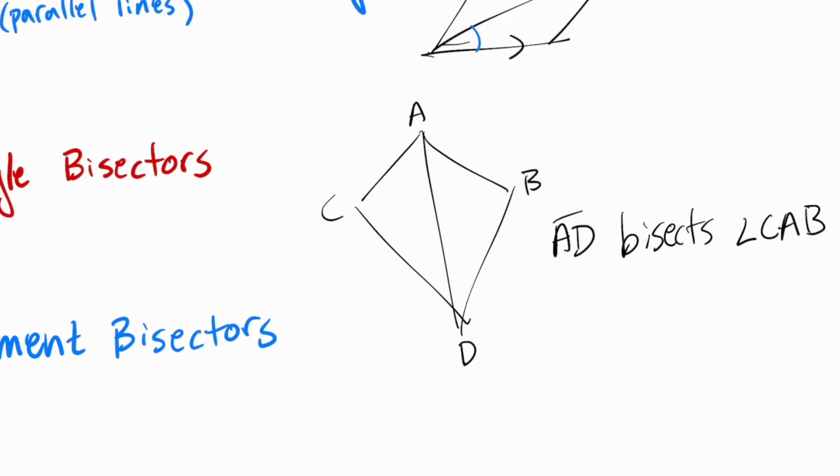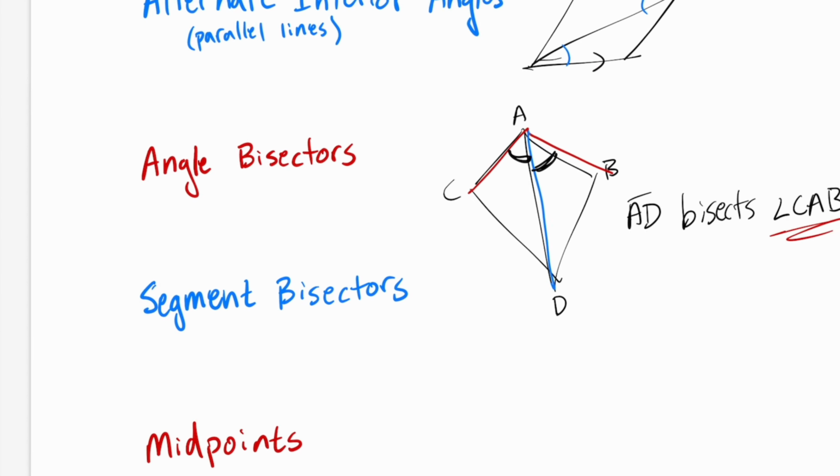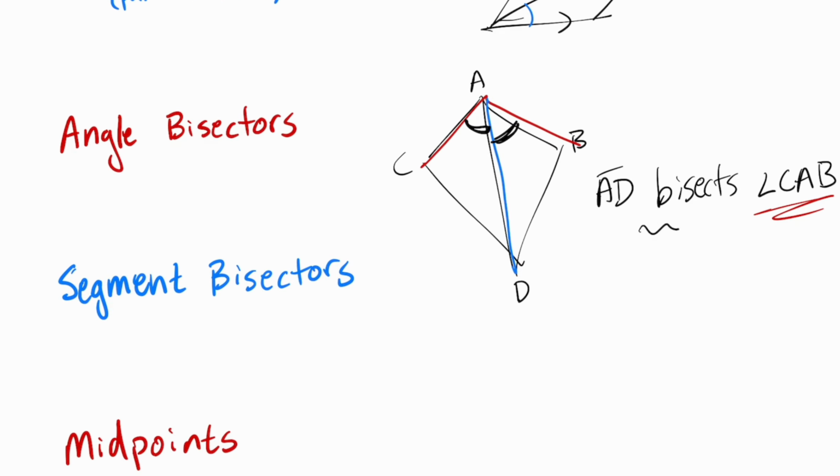So if I look at angle CAB right here, and I imagine that it's getting cut in half by AD, then that will mean that CAD, one half, is congruent to BAD, the other half. So look for angle bisectors. You have to explicitly be told, using that word bisects, that something is bisecting an angle.